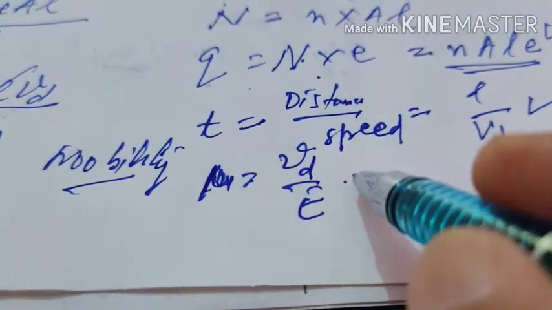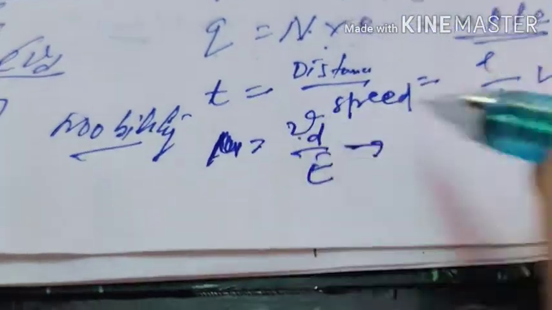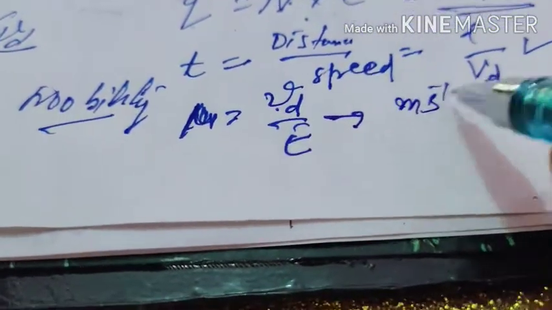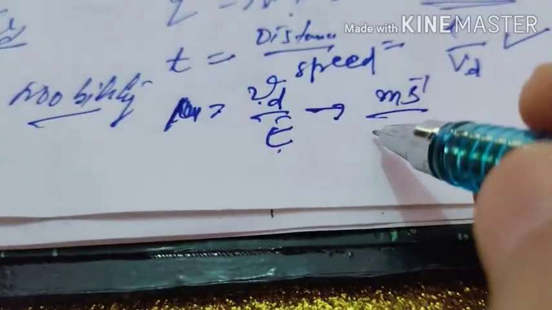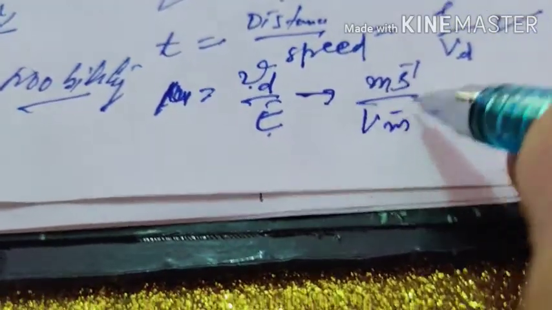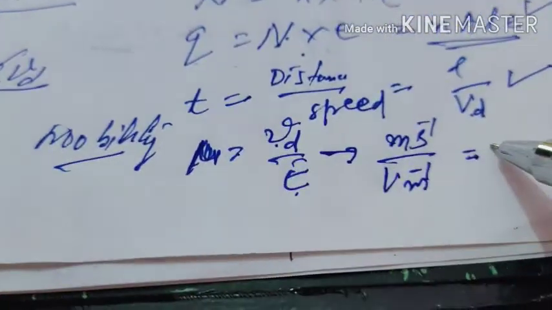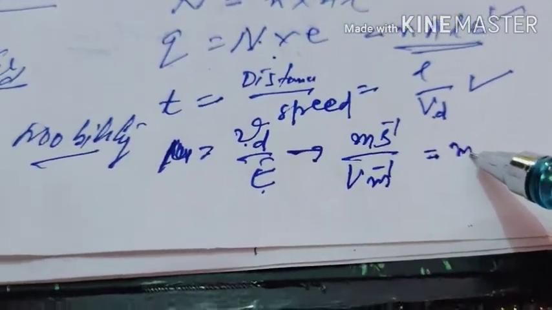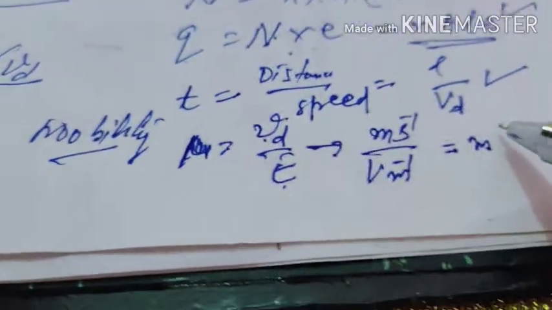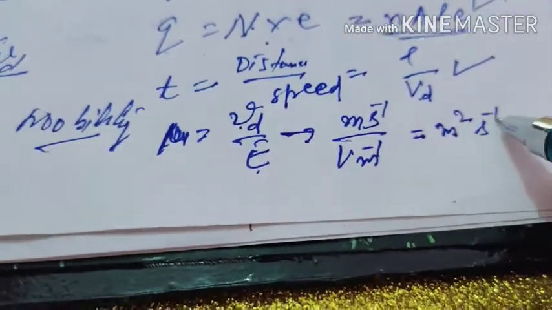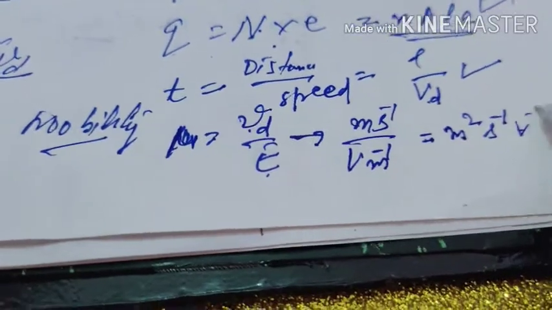So far as its units are concerned, drift velocity, it is meter per second unit, electric field volt per meter. So this will become meter square per second per volt.